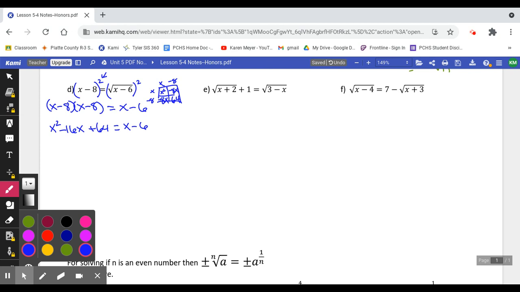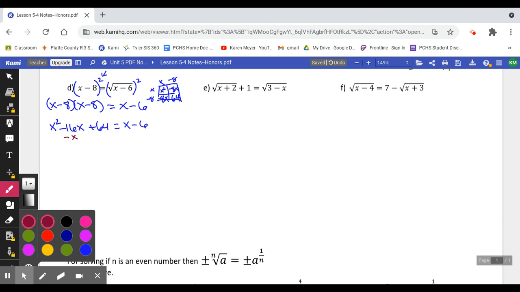Now you notice you have a squared term, so you've got to move everything to the same side where your squared term is so that you can factor it. So I'm going to subtract my x, and then I'm going to add my 6. So you're looking at x squared minus 17x plus 70.